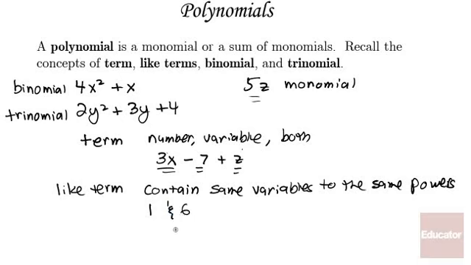They don't contain any variables, so they're like terms. 3xy and 4xy are like terms. They both contain x to the first power and a y to the first power. 2y squared and 8y squared are also like terms. They both contain a y raised to the second power. And so those can be combined. They can be added and subtracted.